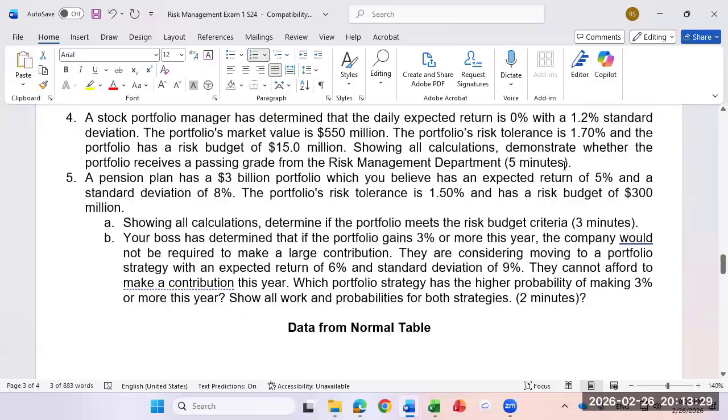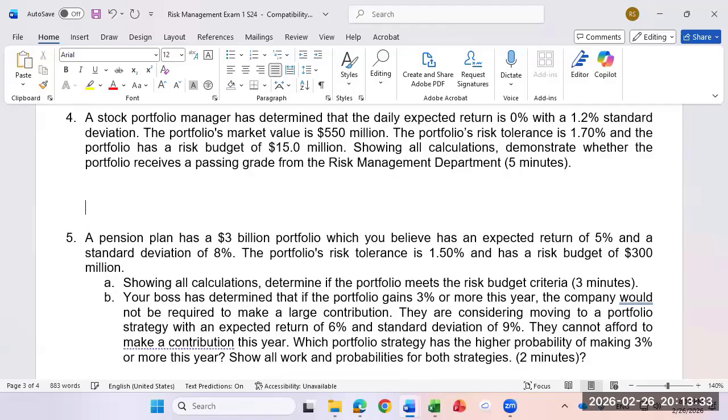All right, the second one is a stock portfolio manager, pretty boring. So it's daily. The expected return is 0% with a 1.2 standard deviation. Their tolerance is 1.7%. So what are we looking for in the table?